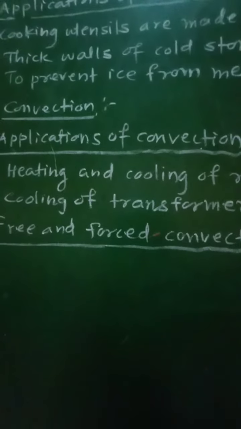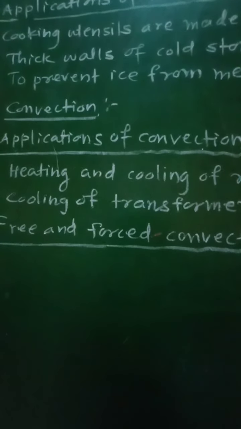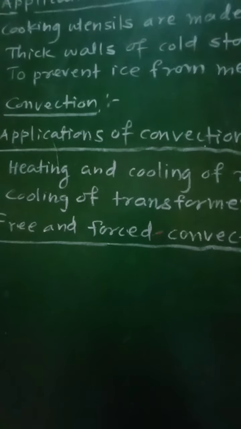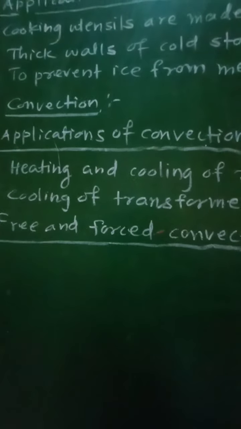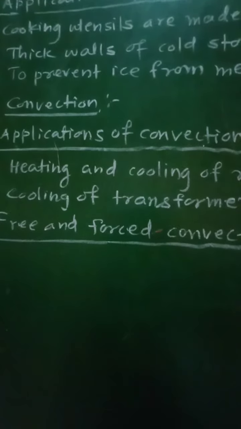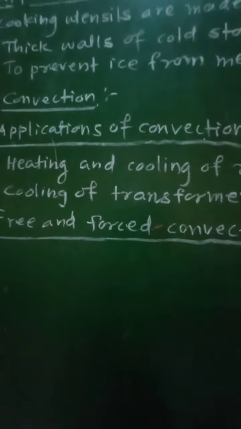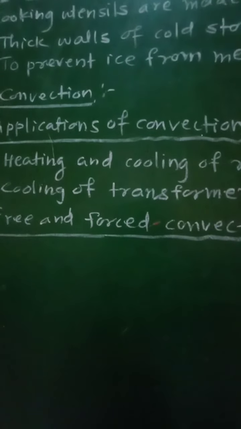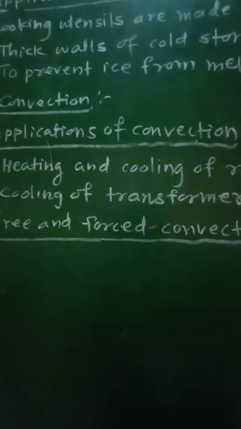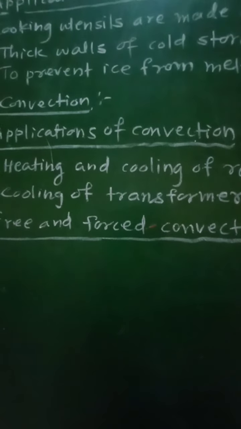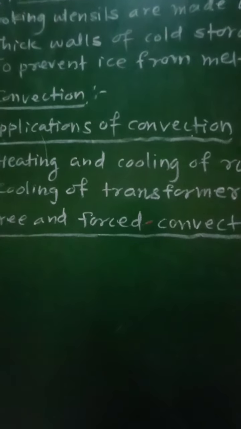Then warm oil comes in contact with the cooler part of the tank, gives heat energy to it and goes to the bottom. Then it again warms up to rise upwards, and then this process goes on repeating again and again, and the heat of the transformer body is thus carried away by the convection to the cooler part.